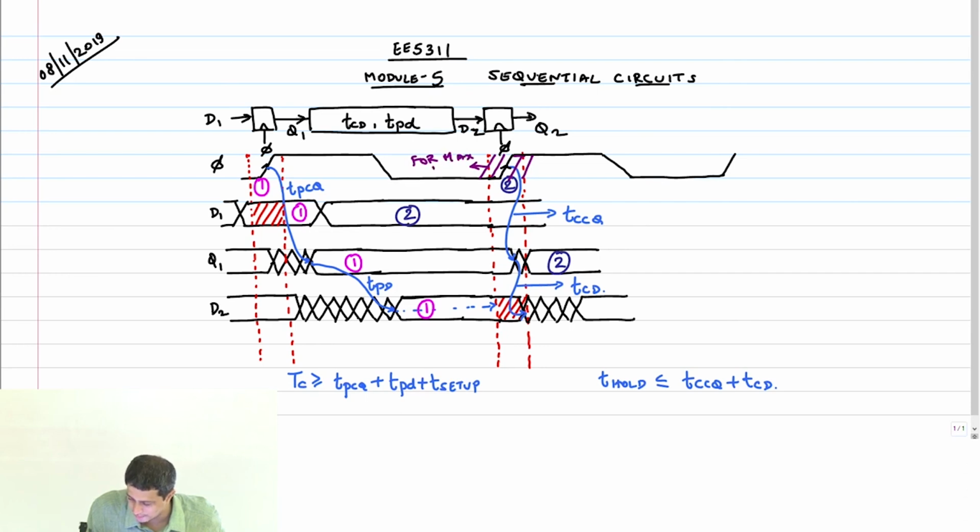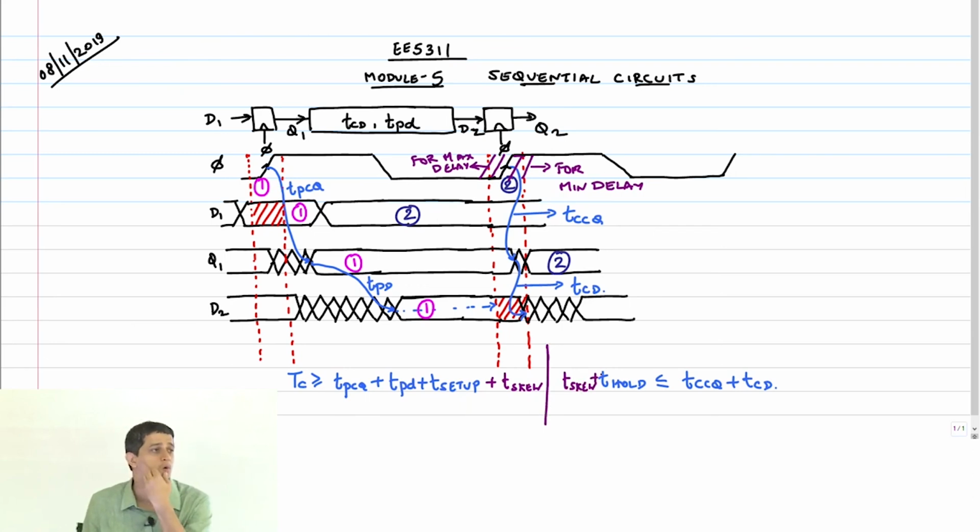For max delay, and then you basically go ahead and add the constraint of skew into this equation, plus T skew, right? And this is T skew plus T hold should be less than or equal to this. Okay, is this clear? I hope this has made it clear, right?